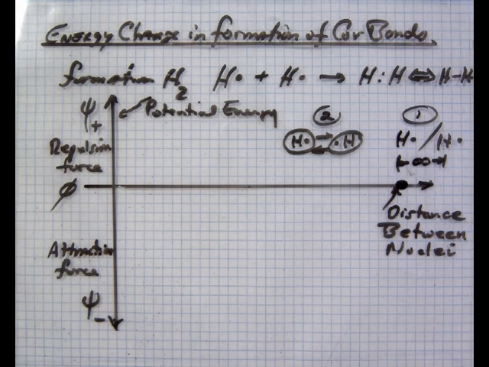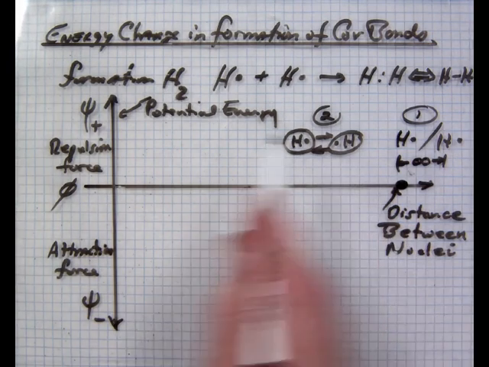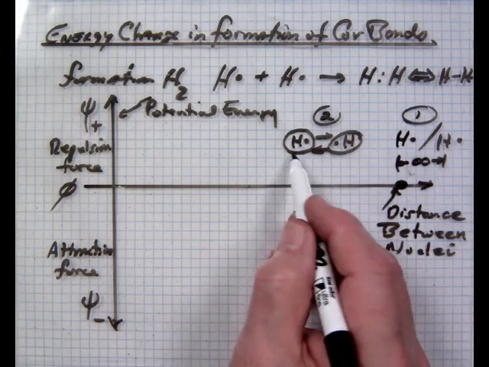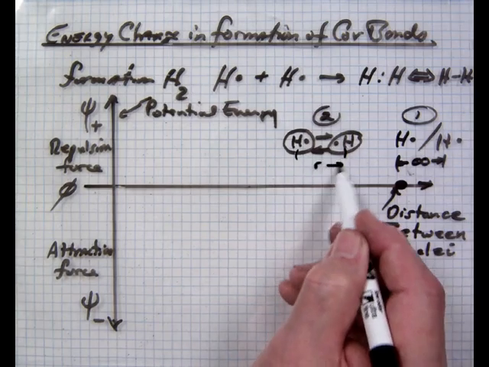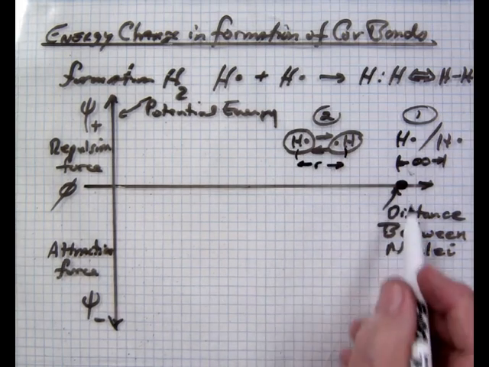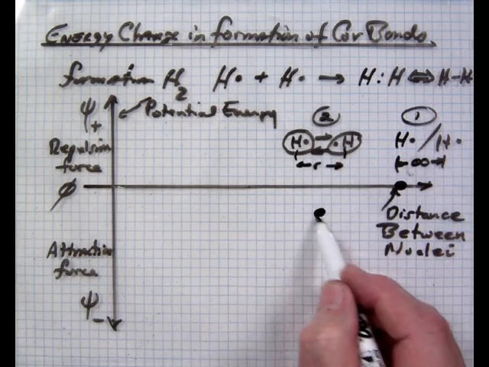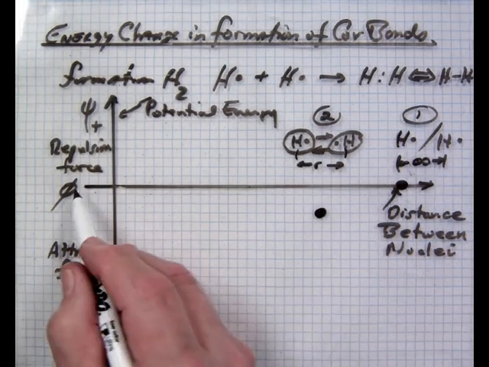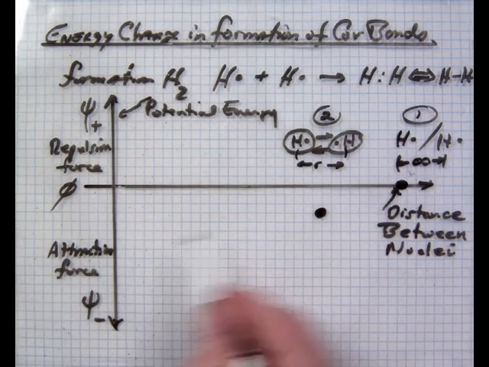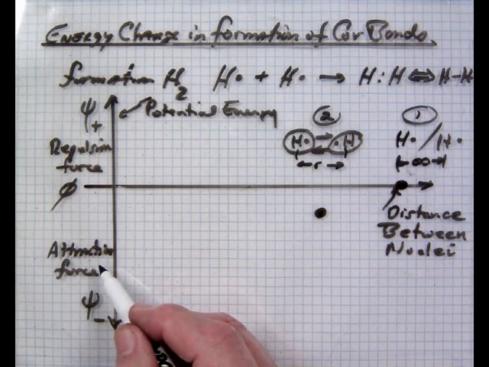They begin to give up energy. At a hypothetical distance r between nuclei, it has given up some energy. See how it's below the line. And we're still attracting here.